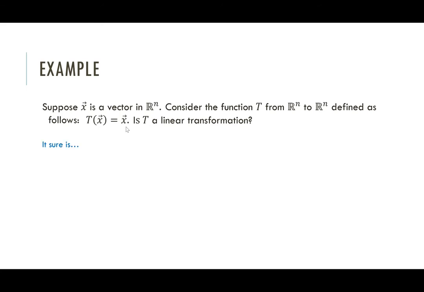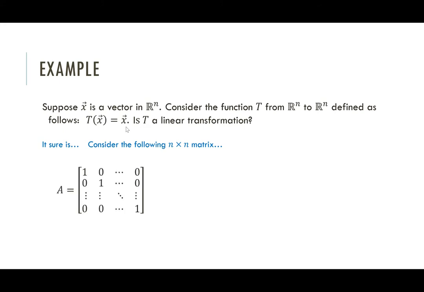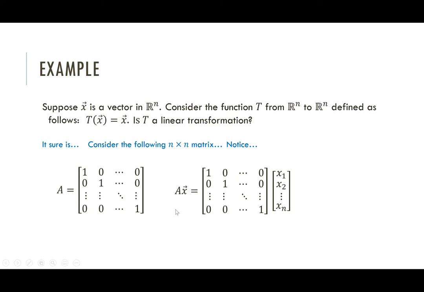It sure is. Because consider the following n by n matrix. Here our matrix A has ones on the diagonal and zeros everywhere else. And let's see what A times a vector x does. A here, vector x here.